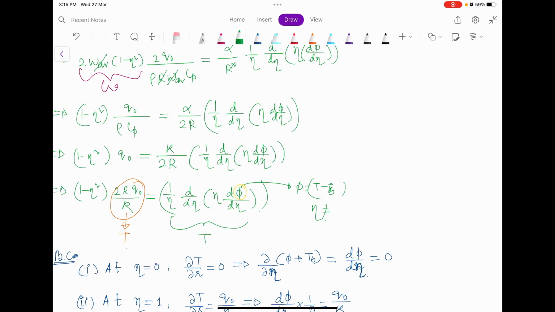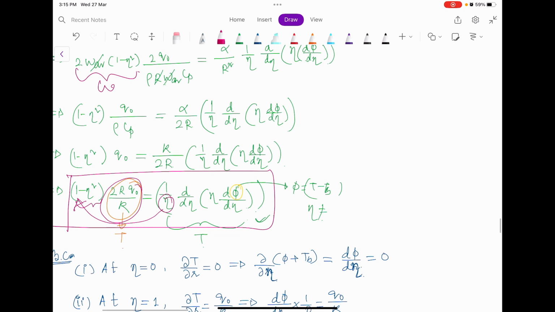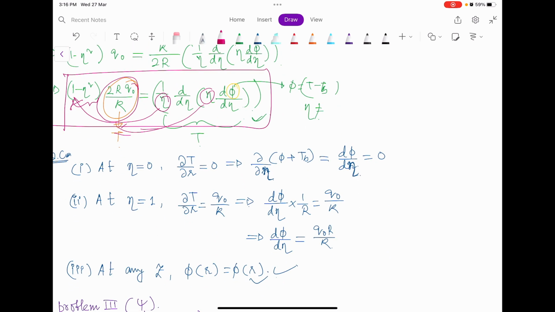I will give you a hint. To integrate this equation should not be a hectic task for you, because this is a constant, and this is just a polynomial function of eta. So you can multiply by this eta and integrate, then divide by this eta and integrate again. Note that this is a second order ODE, so you will need two boundary conditions, and you will get two constants C1 and C2.